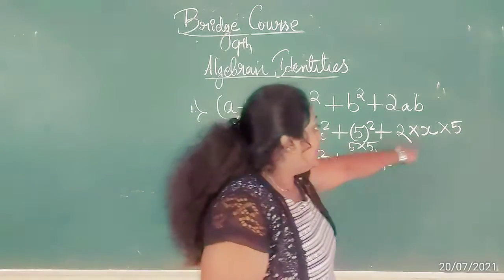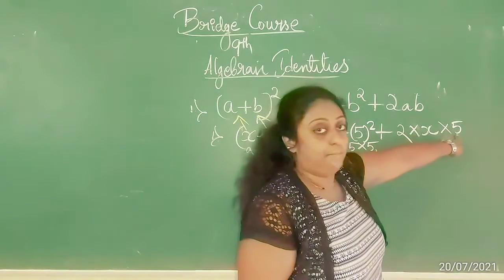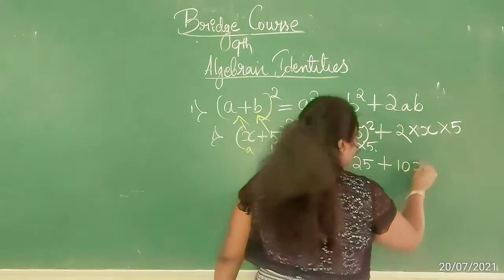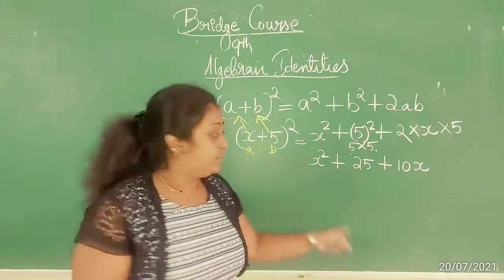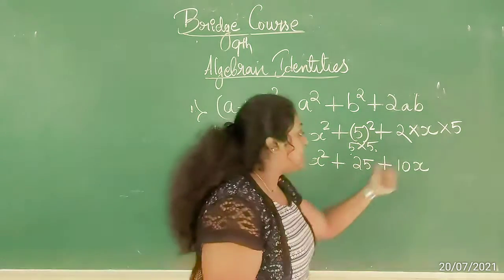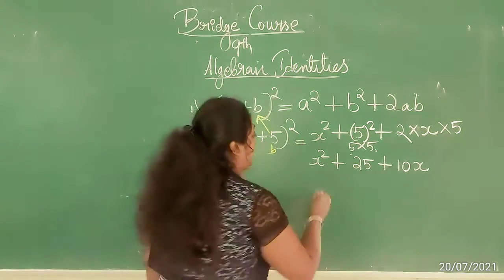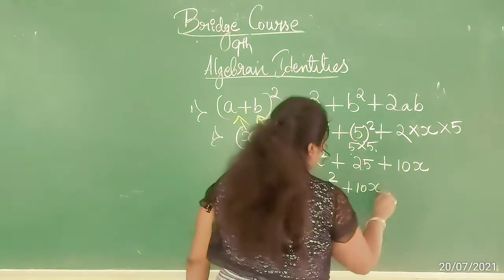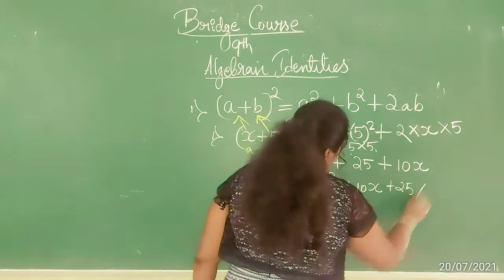Now 2 into 5. First finish off with your numbers, okay? 2 5s are 10. And your x here. So now you rewrite in the proper format. First it should be x square, x and then your 25. So I write as x square plus 10x plus 25.